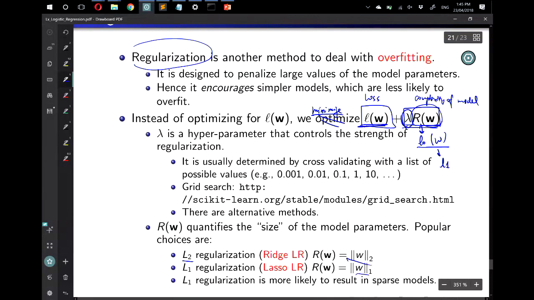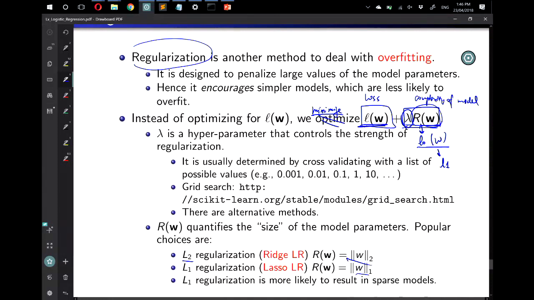Another very common one is L2. It's usually believed that if W is small, the function is simpler, because, if you think about logistic regression, the predicted probability does not depend hugely on one of the features.